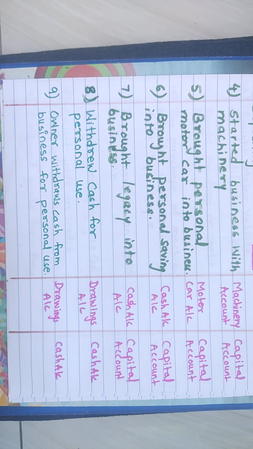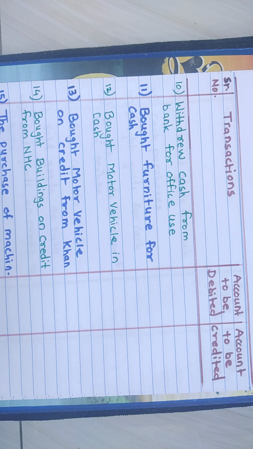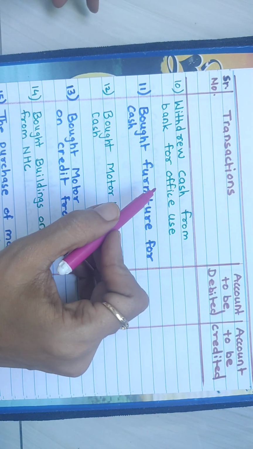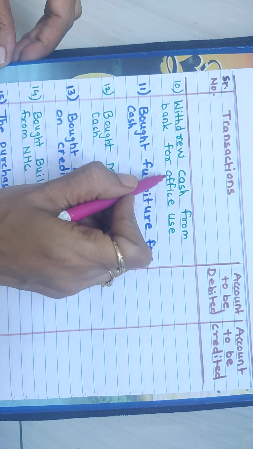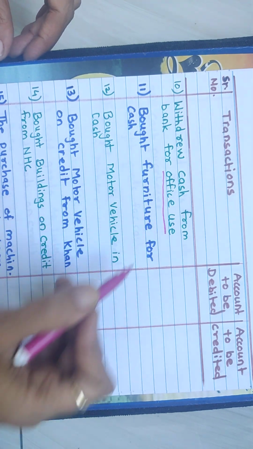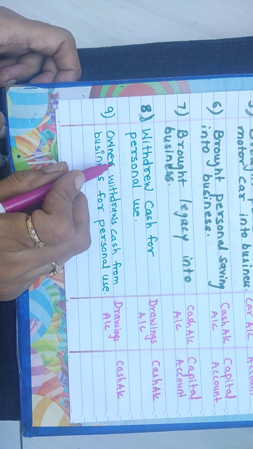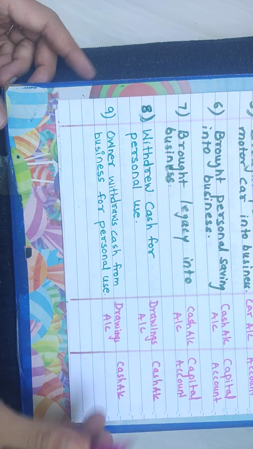So now we will see next transaction. Now here again the word is withdraw. But this withdraw cash from bank, it is given as for office use. See student, remember this difference. See here what is given, withdraw cash for personal use. So whenever the word personal use comes, that means it is a drawing.